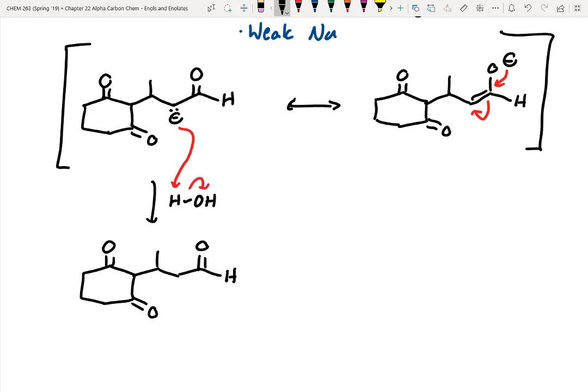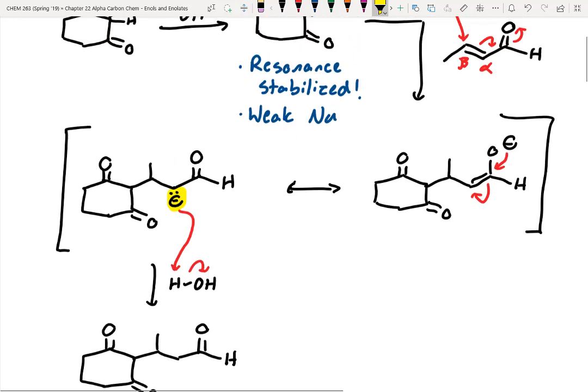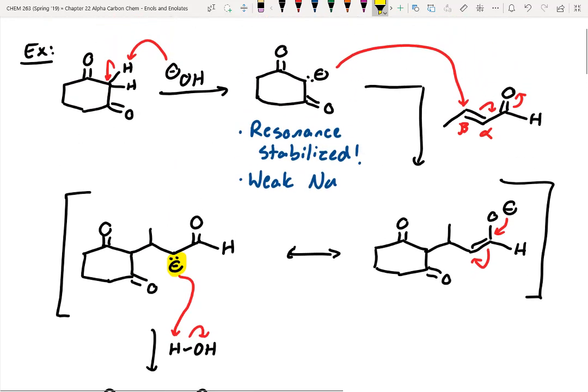Yep. So could that enolate attack, or is it just too bulky? So your question was, can the enolate attack? Yeah, can it attack like we had before? So this one? Yeah. Right here? Yeah, that's a good question. So this enolate is a lot less stable than the enolate up here. Why? Yeah, it's not as resonance stabilized. So typically at this point it won't continue to react at that beta site.